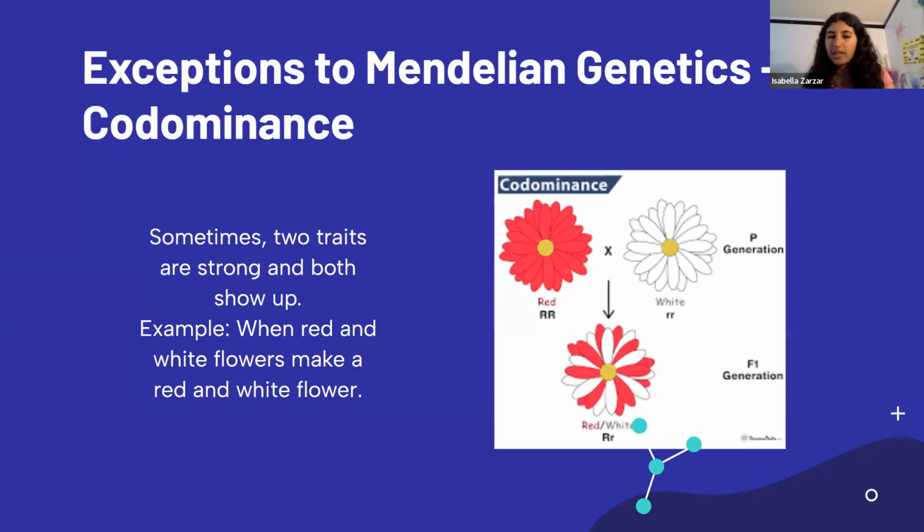They each individually show up, which is an example of how red and white flowers can make a flower with red and white petals. Also, for example, the offspring of a black chicken and a white chicken might be a chicken with both black and white feathers.